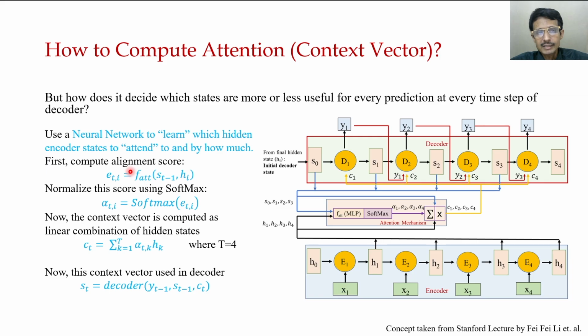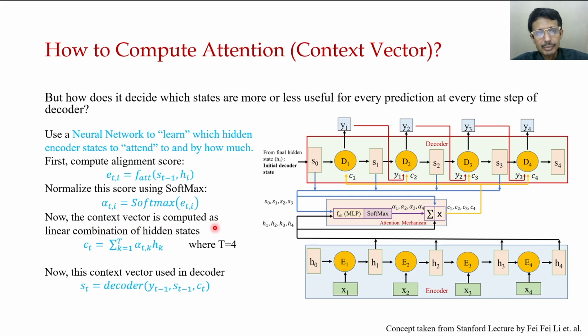The input to this neural net, this F attention, is S_{t-1}, the previous state, and h_i. This h_i is basically the hidden state of the encoder. Then we normalize this e_{ti} using the softmax, and we get alpha_{ti} here.